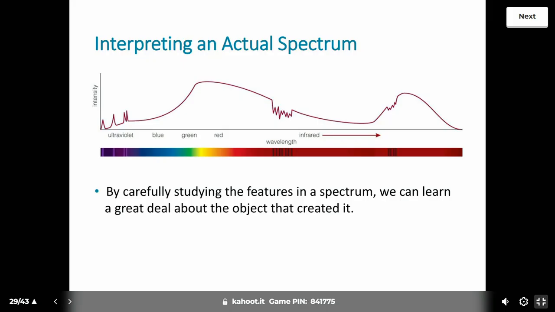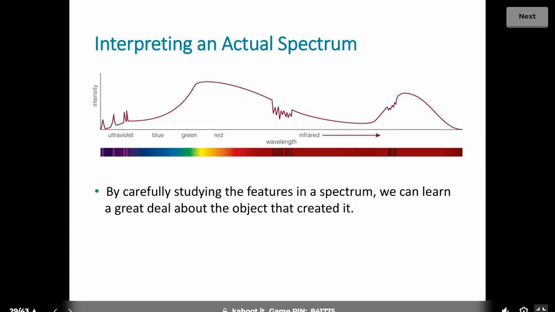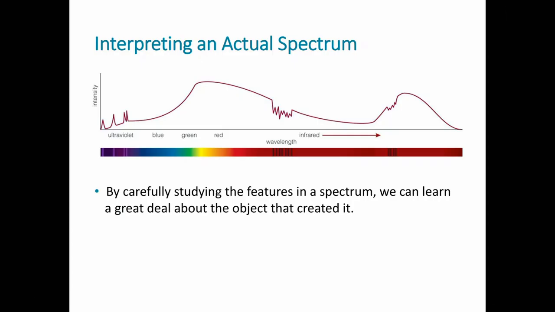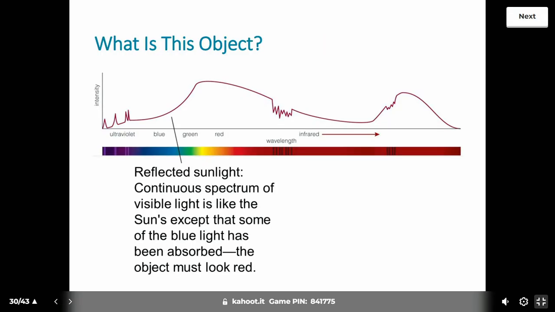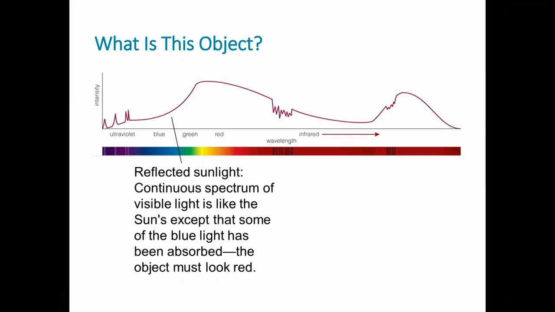Okay, so we can take a spectrum of some object out in space, and we can learn a lot about that object by studying the spectrum. So what is this object? This is a real spectrum of an object out in space. The continuous spectrum looks like the solar spectrum, but some of the light that should be there has been absorbed by the object.